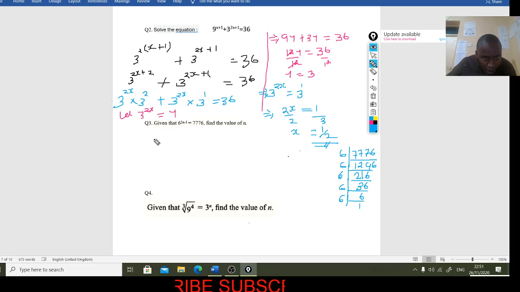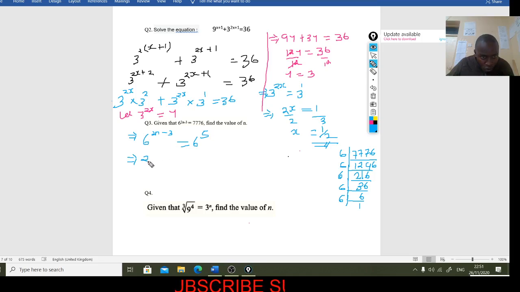So this means that 6 raised to the power of 2n minus 3 will be equal to 6 raised to the power of 5. And because the bases are the same, the powers will be equal, because there is an equal sign here.